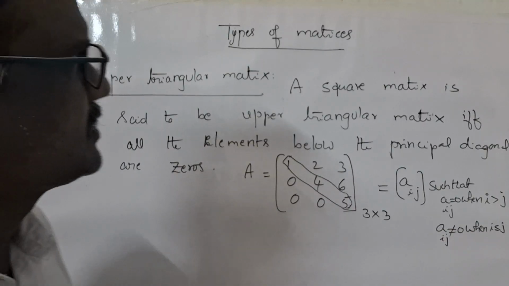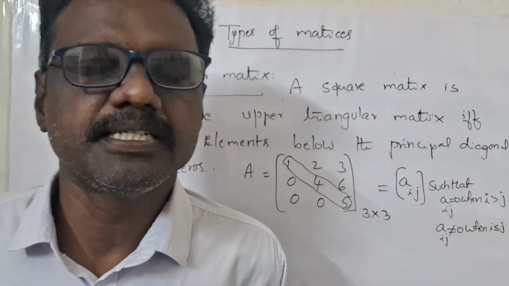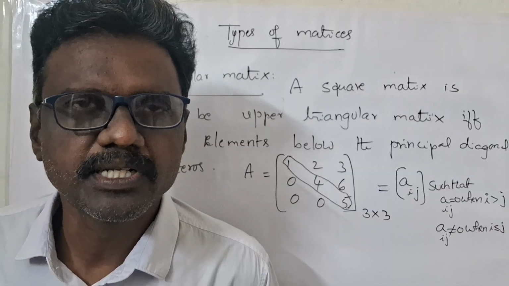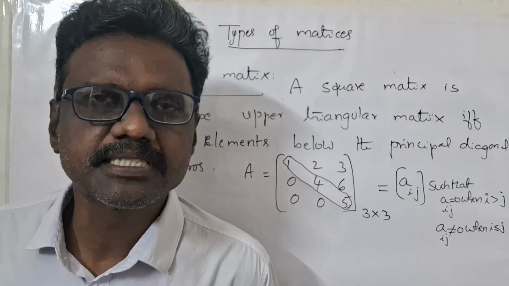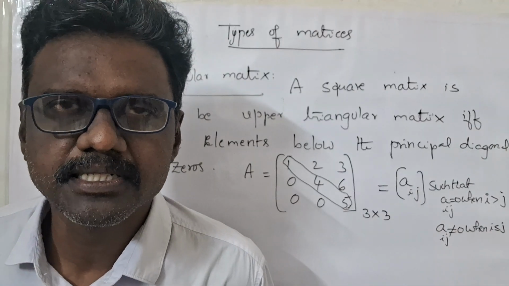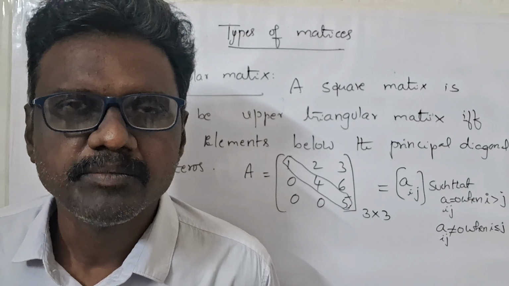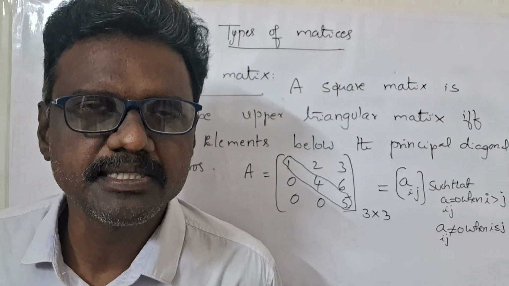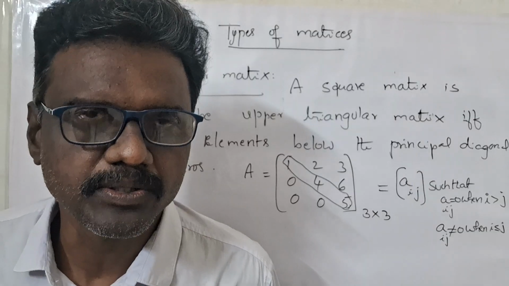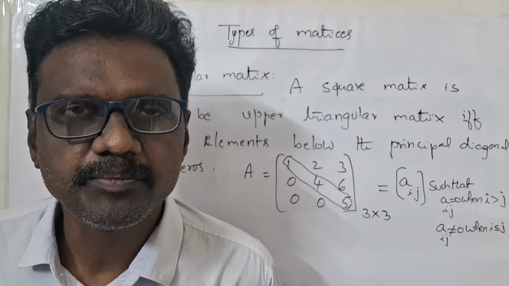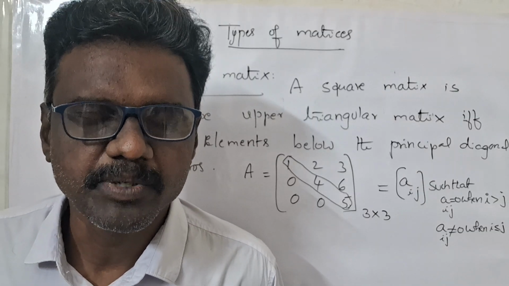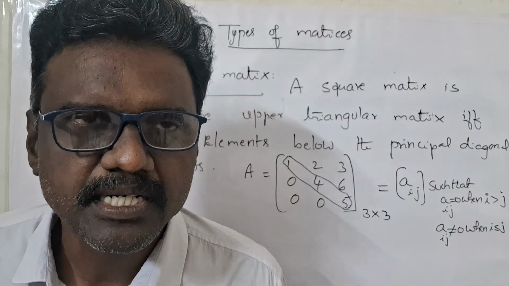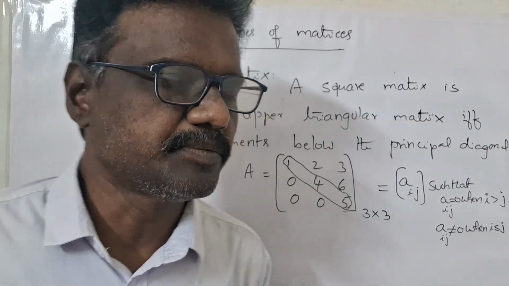With this, the main types of matrices are covered. Still there are types like orthogonal matrix, idempotent matrix, involutory matrix. Before that, operations on matrices and algebra of matrices must be known. After completing those, we can discuss the remaining types.